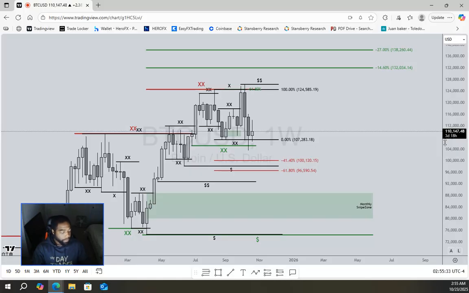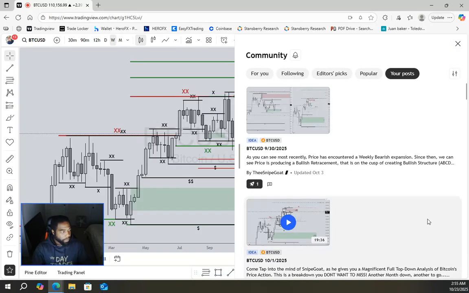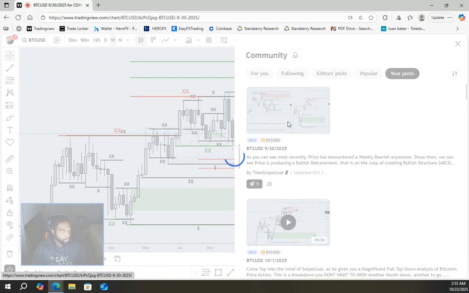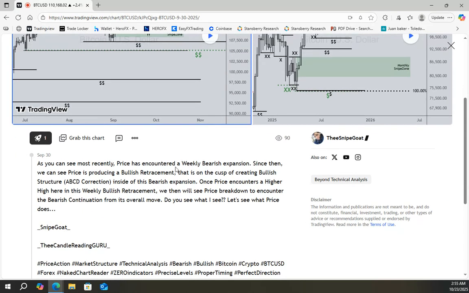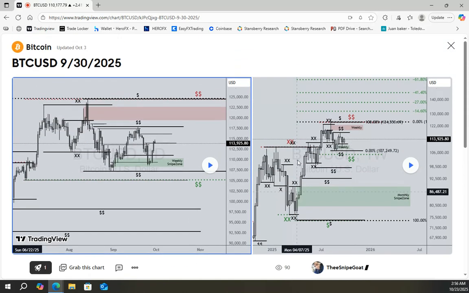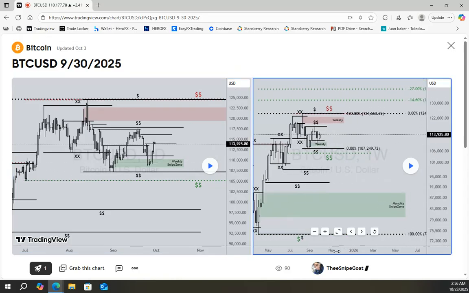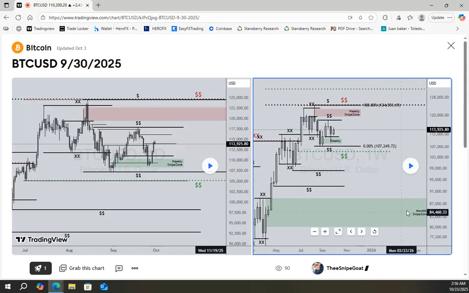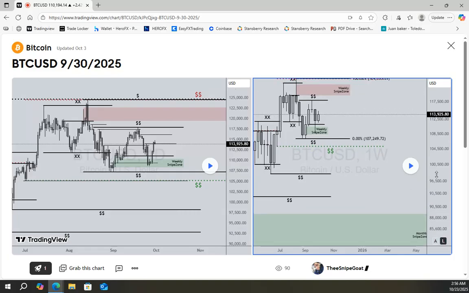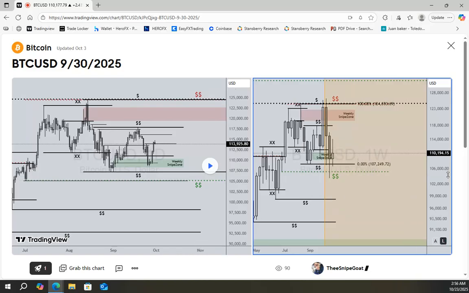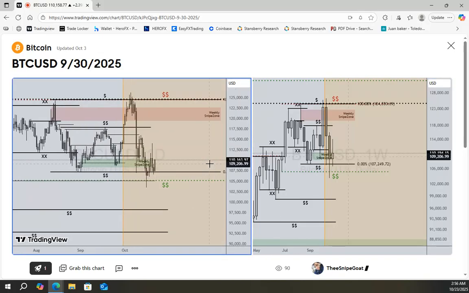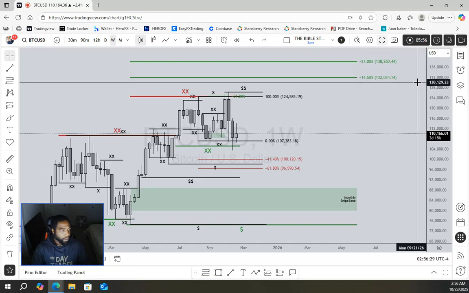As you can see, if you follow me on TradingView, see September 30th, as you can see most recently, y'all can read it, you know what I'm saying? We're gonna do this real quick.